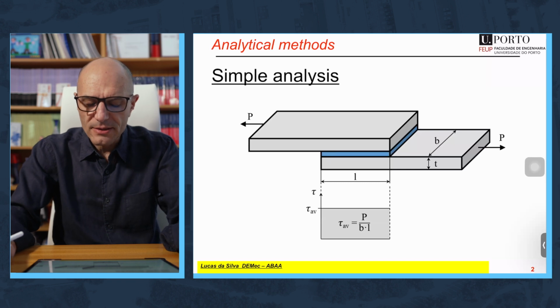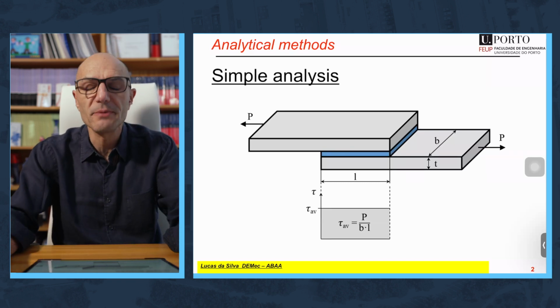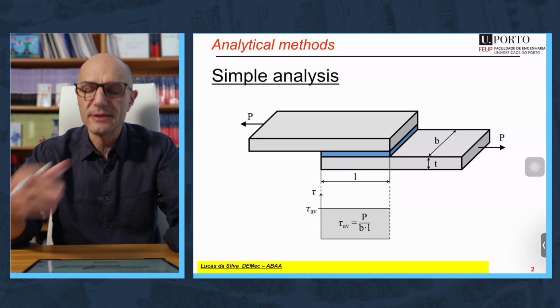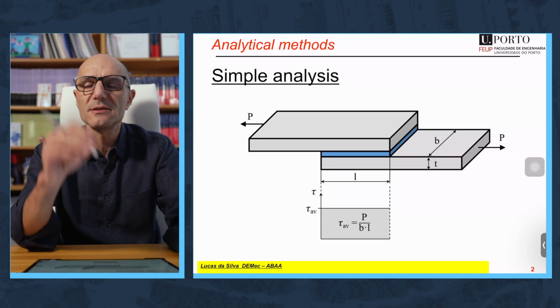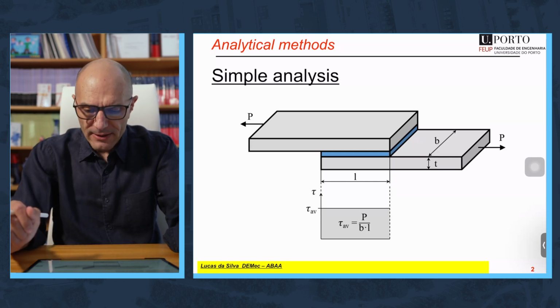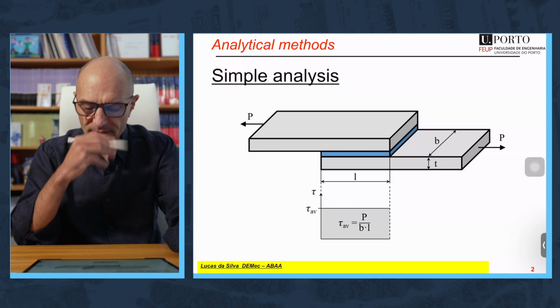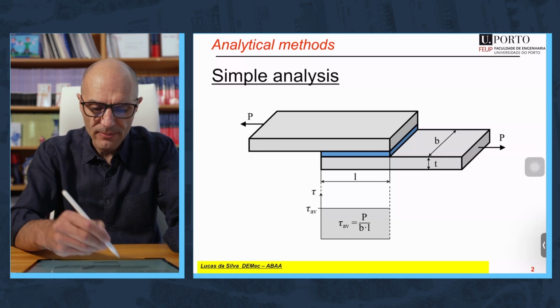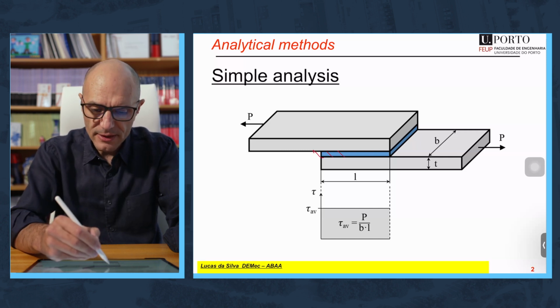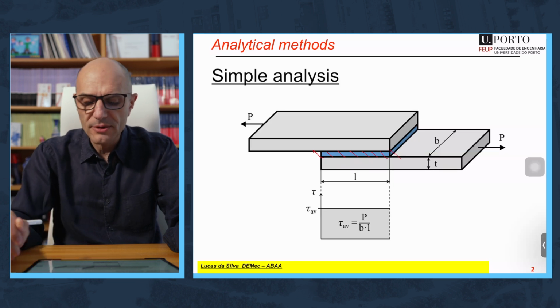So let's start with the simplest analysis, which is represented in this slide, and assumes that the adherent does not deform at all. Only the adhesive deforms, and it deforms in a uniform way. So this is the undeformed state. If you apply load, then the adhesive will deform exactly the same way all along the overlap.